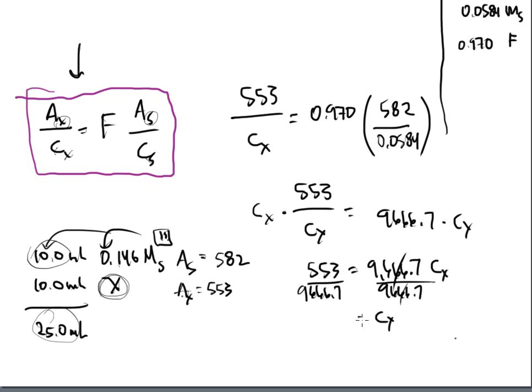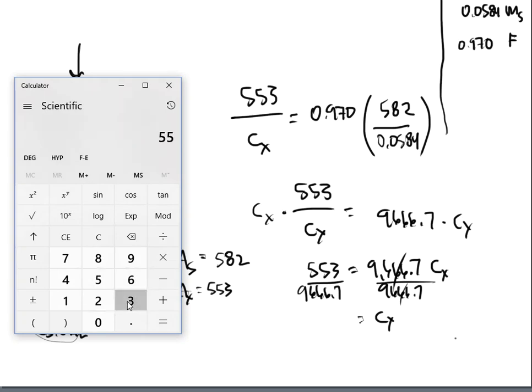So C sub X is equal to 553 divided by 9,666.7. And that gives me an answer of 0.0572.